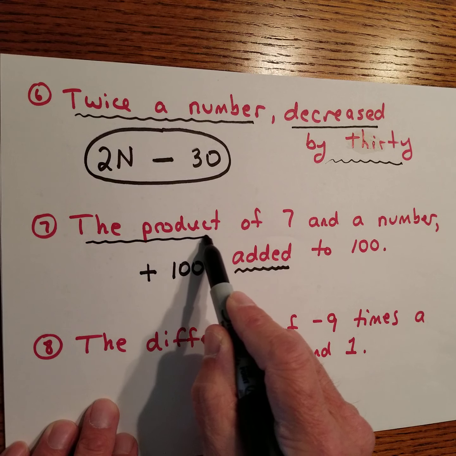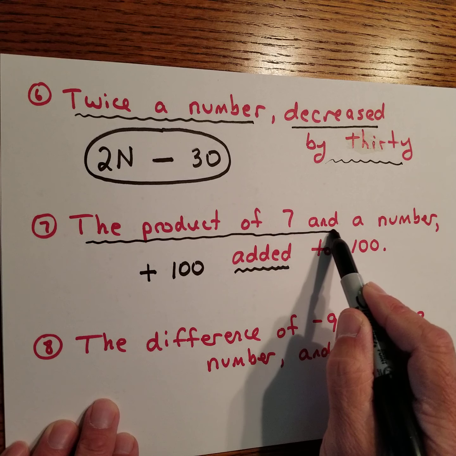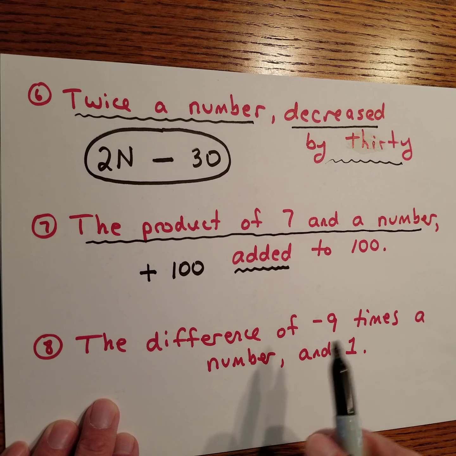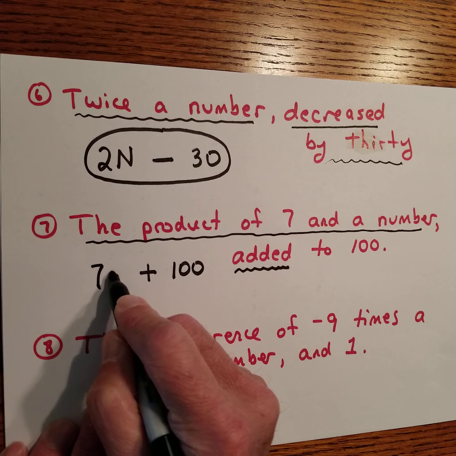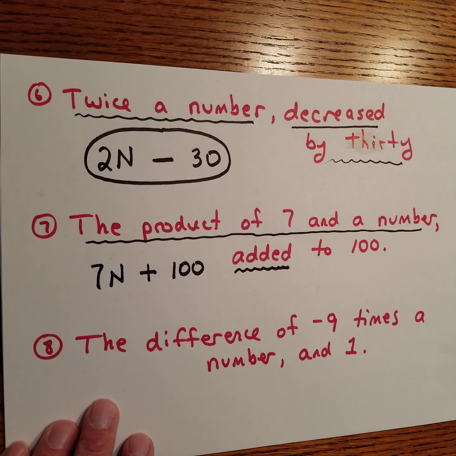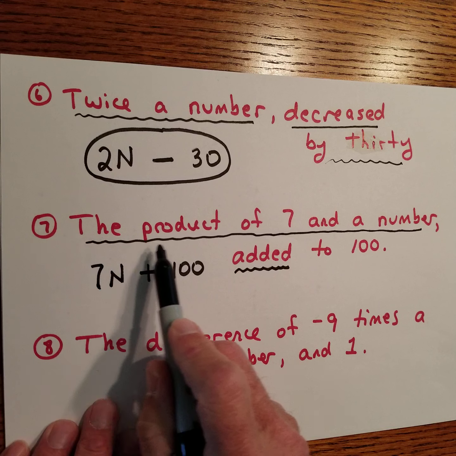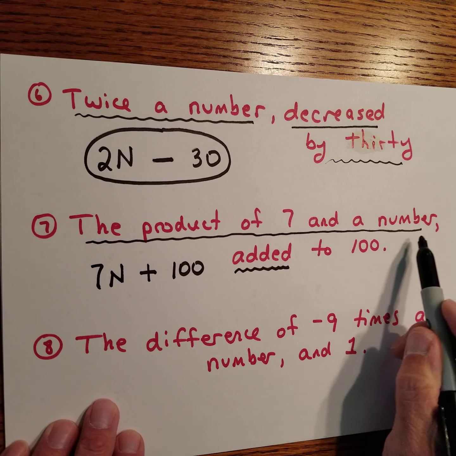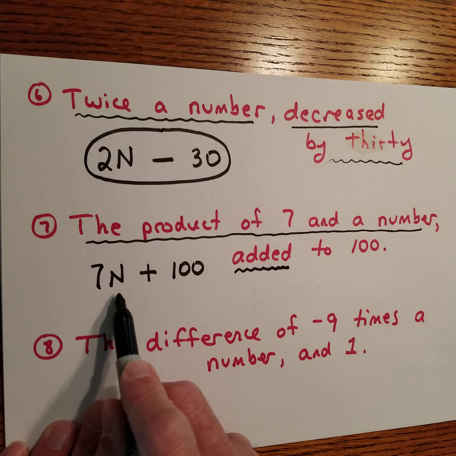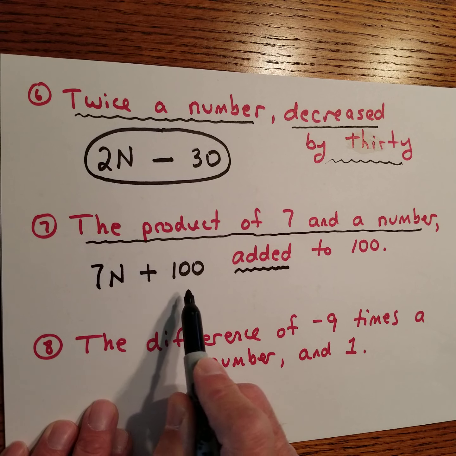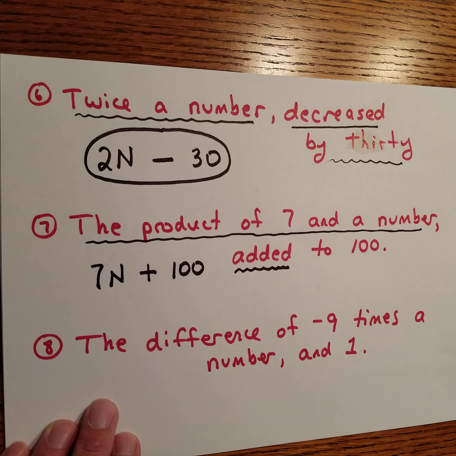All of this. The product of 7 and a number. How do I show the product of 7 and a number? I can write that as 7n. Let's see if we've got it. Here's the product of 7 and a number being added to 100. Great.